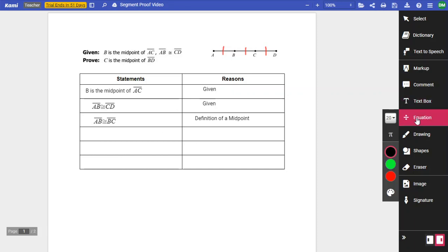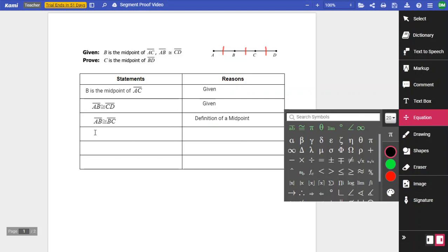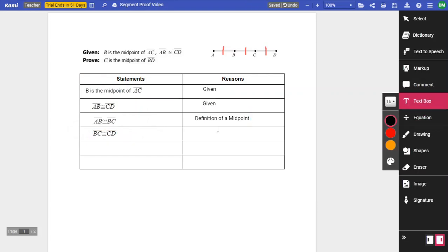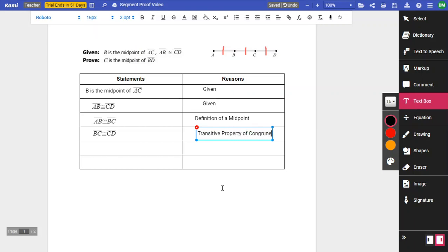So let's get the statement in first. So I want to say that segment BC is congruent to segment CD, and my reason for this is the transitive property of congruence.